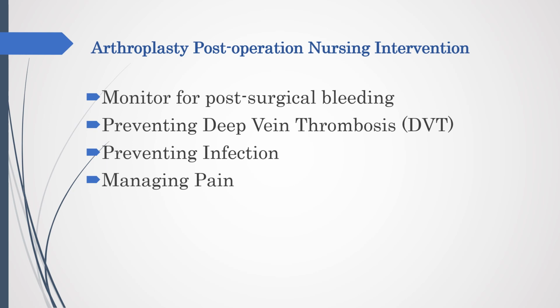Usually this is administration of low molecular weight heparin and SCDs, and also slight range of motion on the unaffected side, and also prevention of infection and management of pain after the surgery.